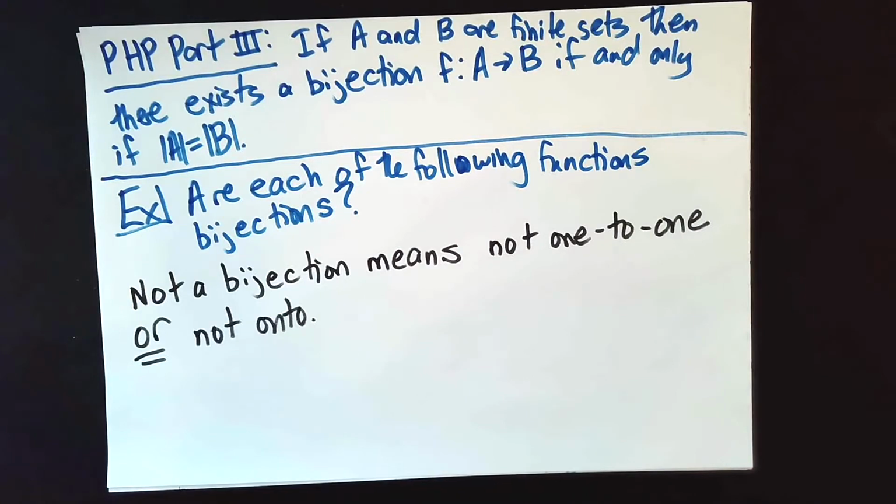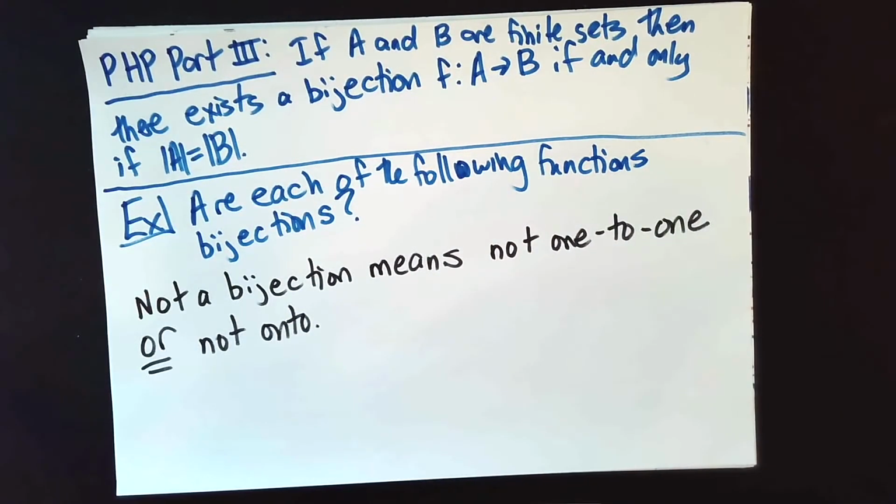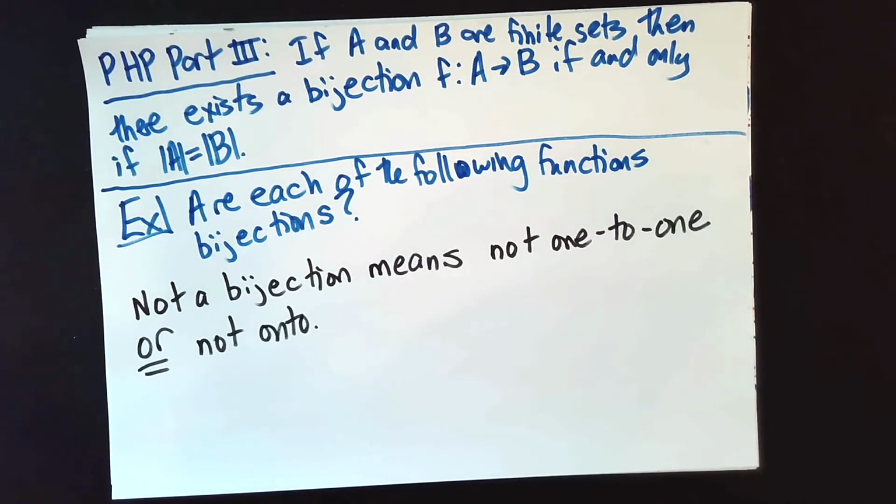So what do we have to do to show that a function is a bijection? We have to prove it's one-to-one in exactly the way that we've shown functions are one-to-one in the past. And we have to prove that it's onto in exactly the way that we've shown that functions are onto in the past. What do we have to do to show a function is not a bijection? Well, we have to choose to show that it is not one-to-one or not onto.